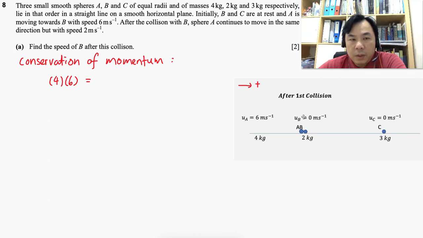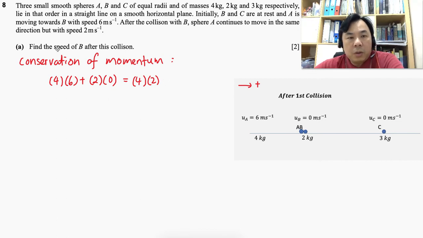By the way, to show you the actual conservation of momentum, there is a momentum contributed by the first particle A, and there is no momentum contributed by B because initially B was 0. So mathematically, it means something like this. And after the collision, A moves with the speed of 2 meters per second. So A is 4 kg, moving in the same direction, 2 meters per second.